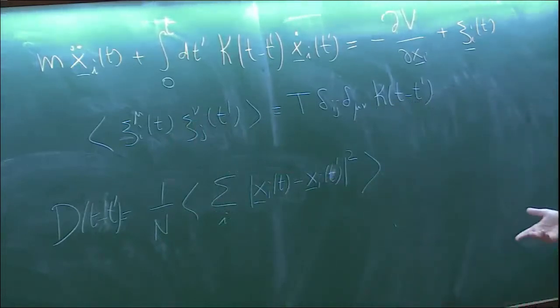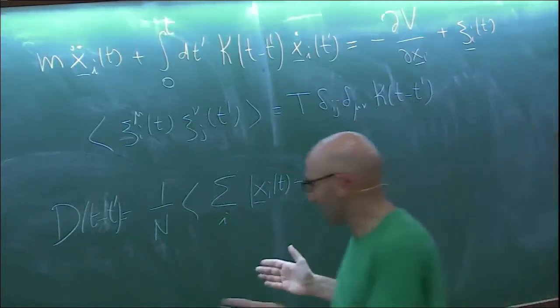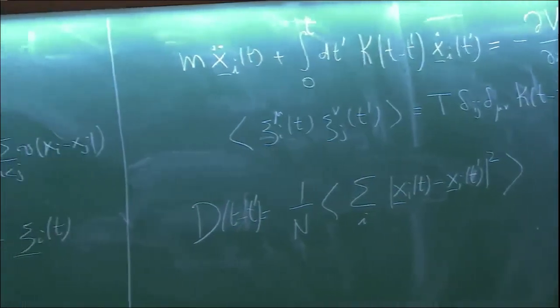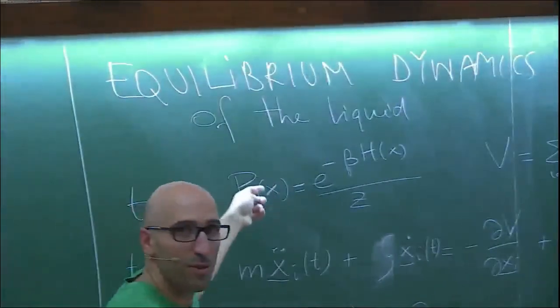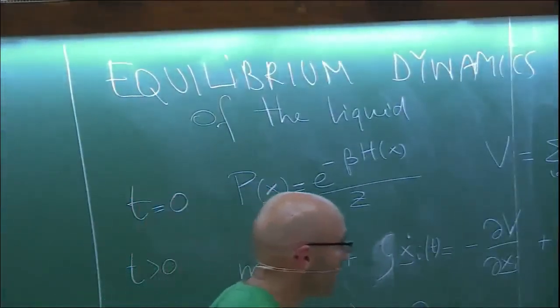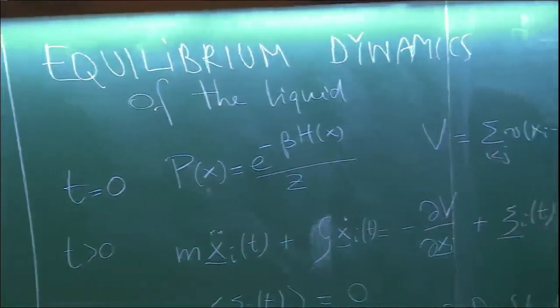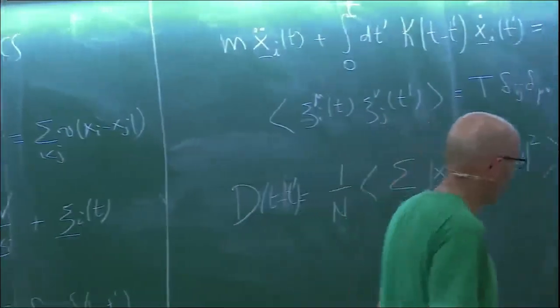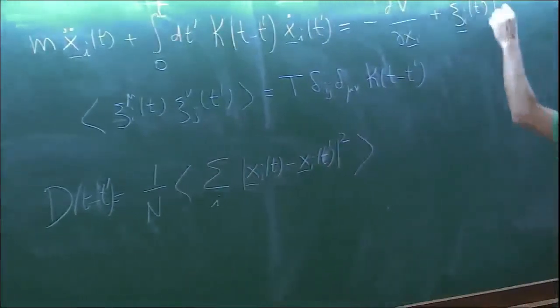But if you are in equilibrium, everything is time translational invariant, because if this distribution is correct at any time, I can run the dynamics for some time, then set a new starting time, and everything will be the same because I will always start from the same distribution. So all the correlation functions are functions of the differences of times.